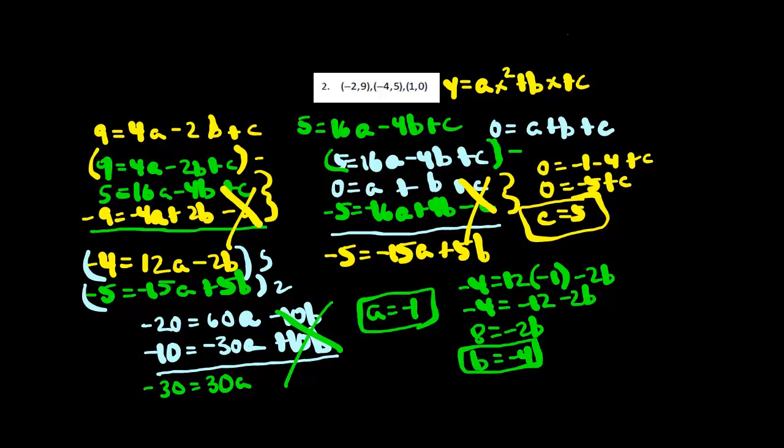So my final answer, when all is said and done, is f of x equals ax squared, so negative 1 x squared, plus bx, so minus 4x, plus c, which is plus 5. So this here is my final answer, that function. It's a whole lot of work.